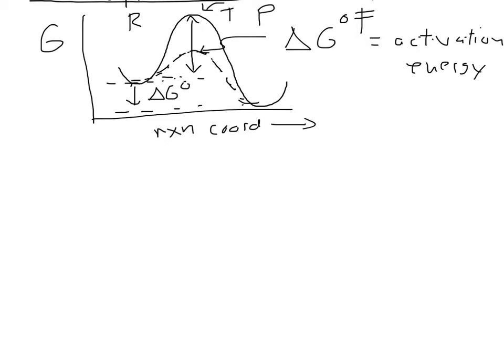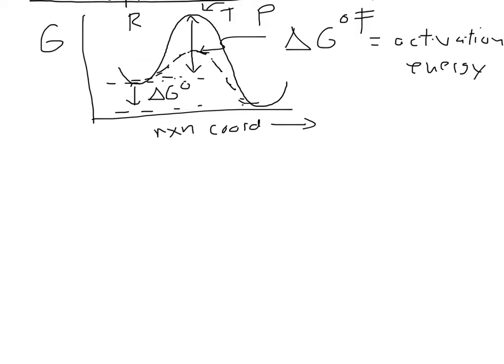You can see that the catalyzed reaction, represented by this dashed line, has a smaller energy of activation. That smaller energy of activation will lead to a greater rate of forward reaction as well as backwards reaction. In fact, they both increase, the forward and the reverse.